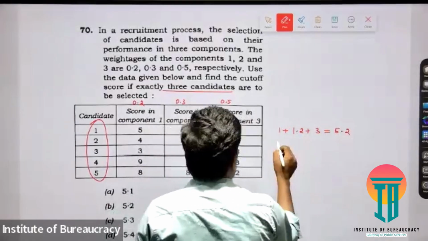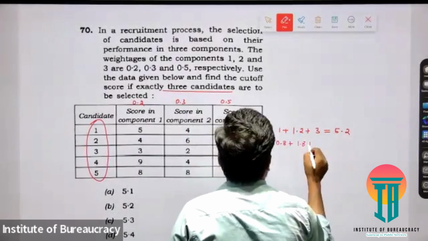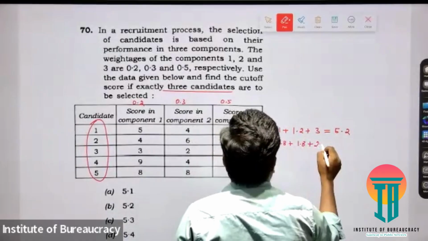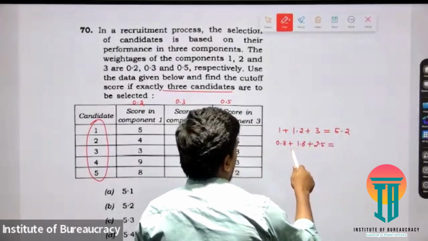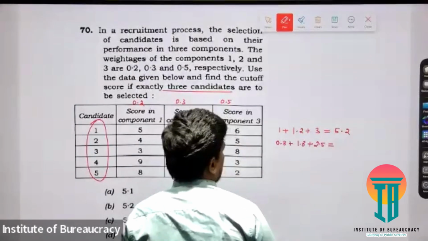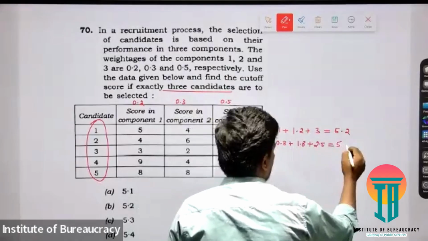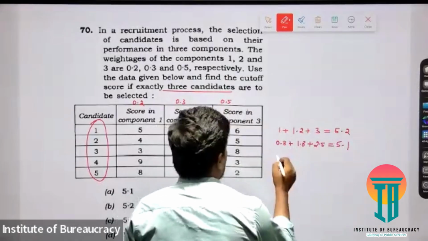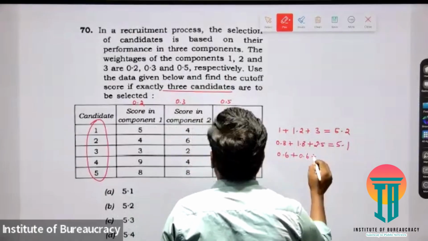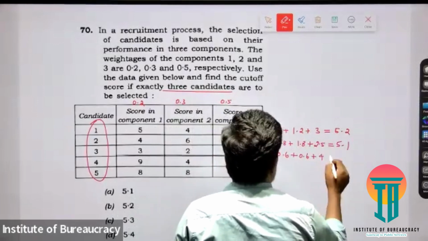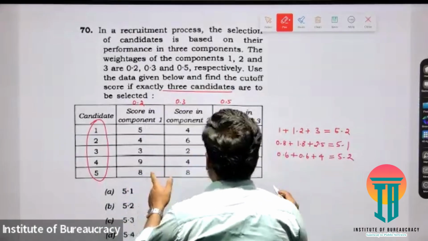The second one, 0.8 plus 1.8 plus 2.5 is 5.1. Next, 0.6 plus 0.6 plus 4 is 5.2.